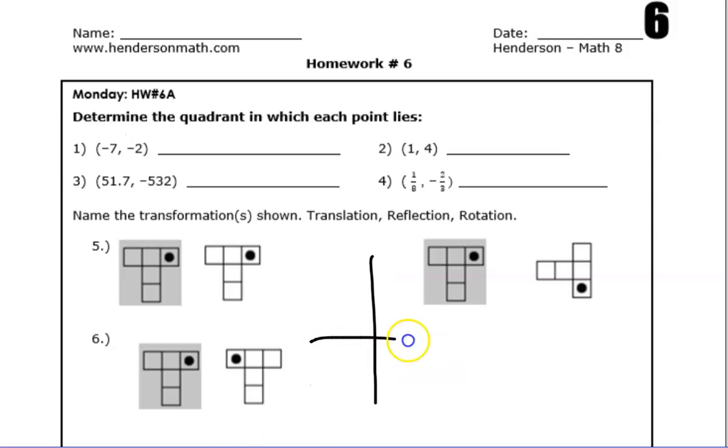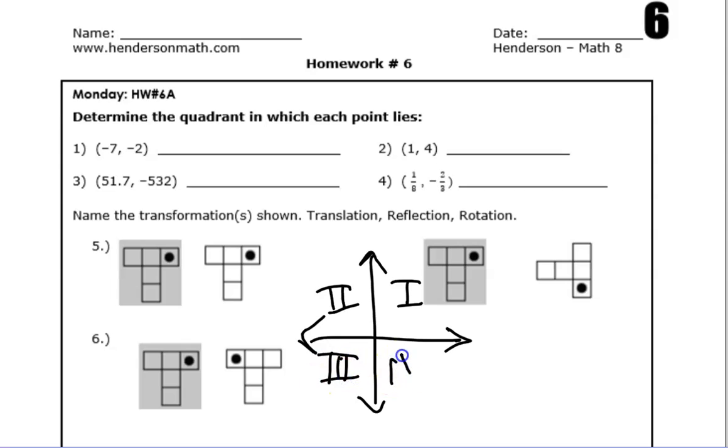Now let's review those 4 sections of the quadrant again. This is 1, this is 2, this is 3, and the last one is 4. The quadrants go counterclockwise, sort of like making a Q for quadrant.